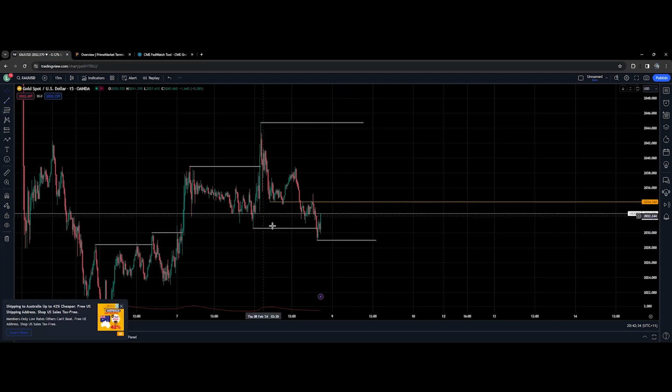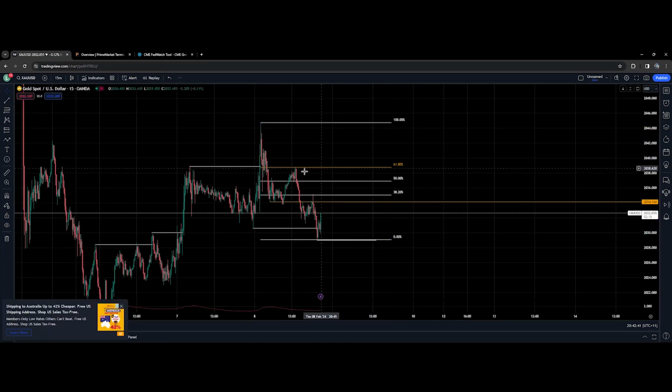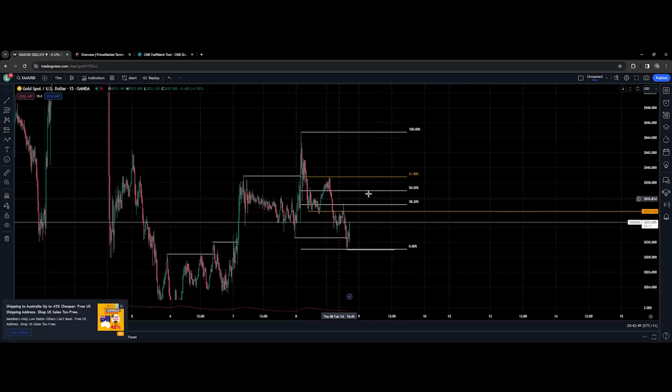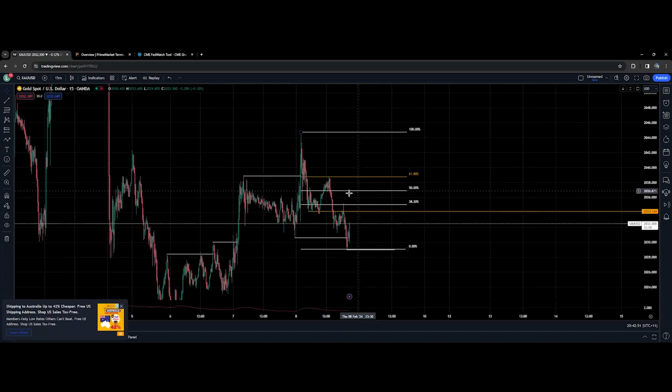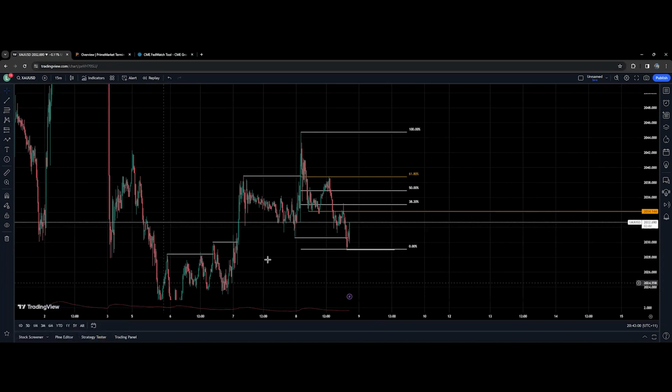If we draw a Fibonacci now, from the top to the bottom, we can see that this area is a good area, all right? Especially, of course, the 61%, but don't be attached to the 61%. If the market is showing some retracement somewhere around 50, 38, then that's good. That's a good option to already look at shorting.